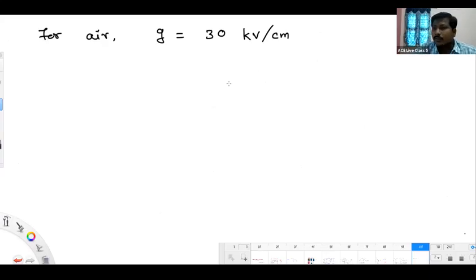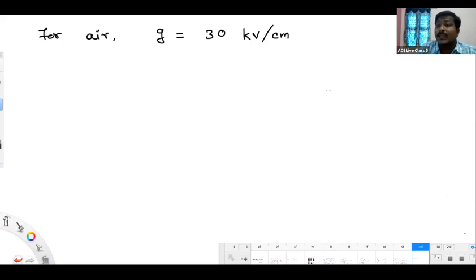But particularly, many times we'll be dealing with sinusoidal voltages, maybe AC transmission lines we are discussing. So in that view, we are tackling sinusoidal voltages. If you are going for sinusoidal voltages, this G value the people will take as 30 by root 2 kilovolt per centimeter RMS.